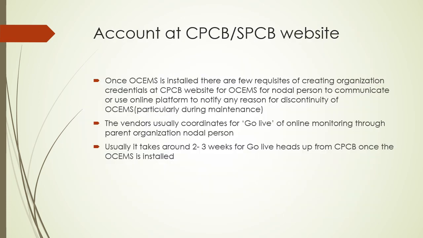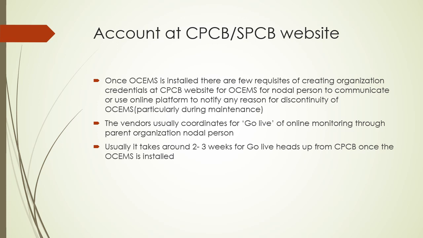Once the OCEMS is installed, there are a few requisites, like the organization needs to create their credentials at the CPCB website. Of course, there will be one or two nodal persons from the organization who will have the username and password, where they could notify various things, like any reason for discontinuity of OCEMS, for example, during maintenance of STP, or due to any other process deviation for which the OCEMS is not working.